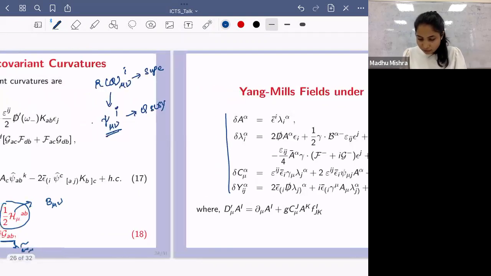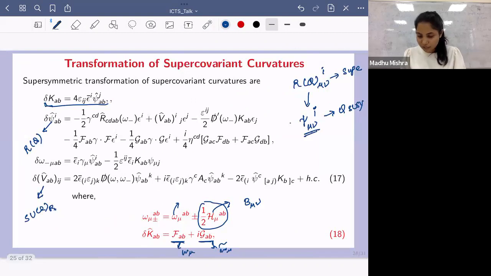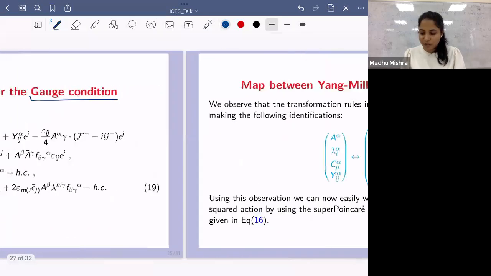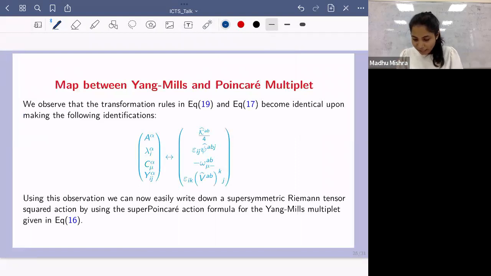So if you look at these two transformations, they are exactly identical under this identification. If you change A alpha to this, lambda I alpha to this psi ABJ, and C mu alpha with minus omega mu minus.